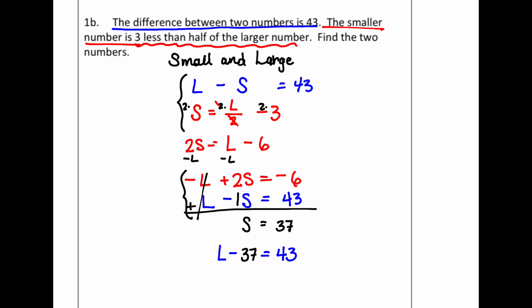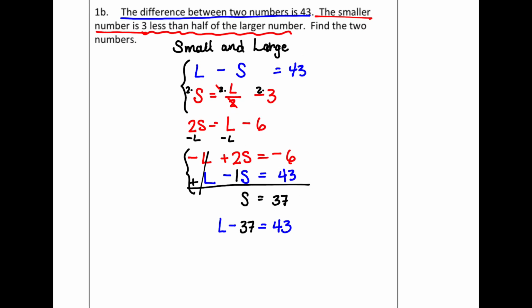Okay, let's give ourselves a little bit more space here. So I'm going to add 37 to both sides, and I get L equals 80. All right, so when it says find the two numbers, you've got a couple options.